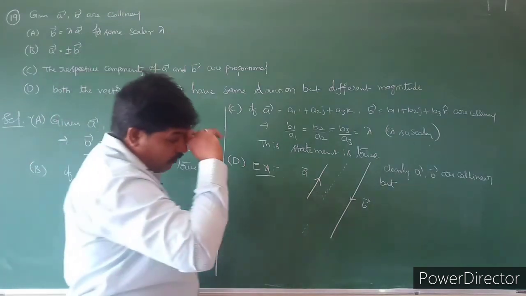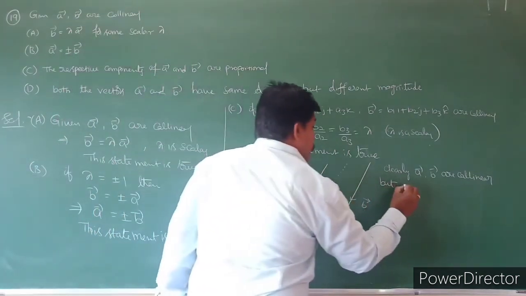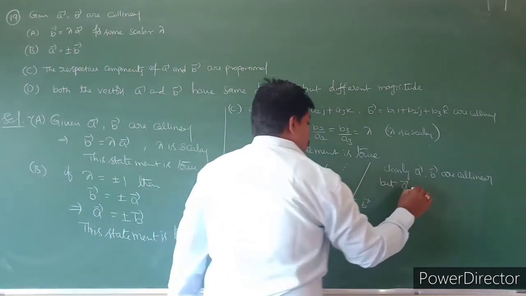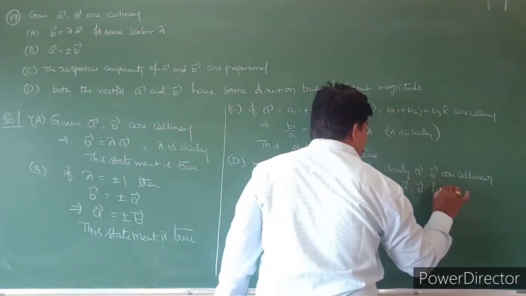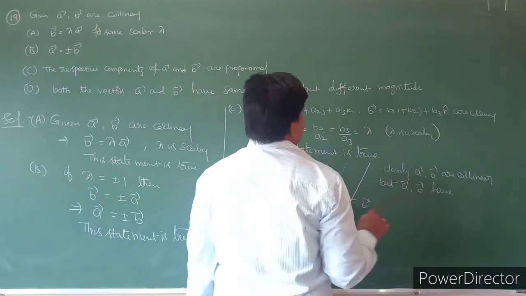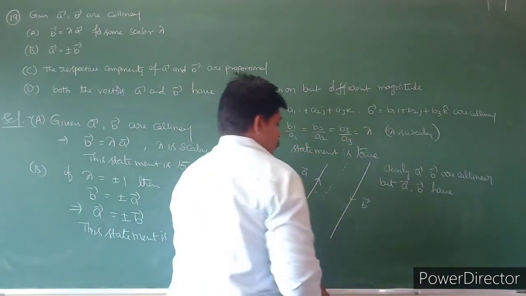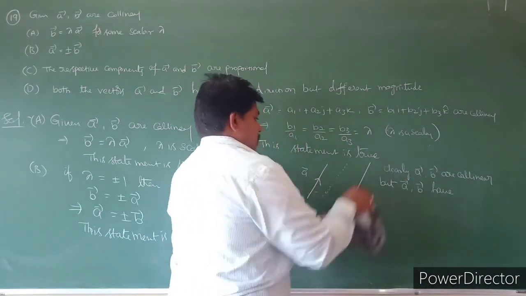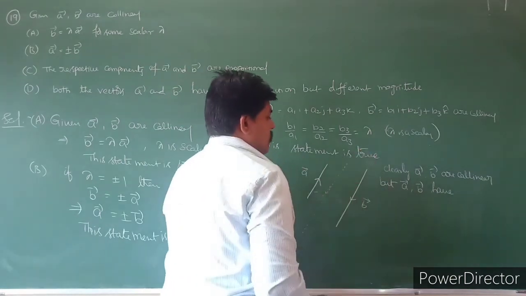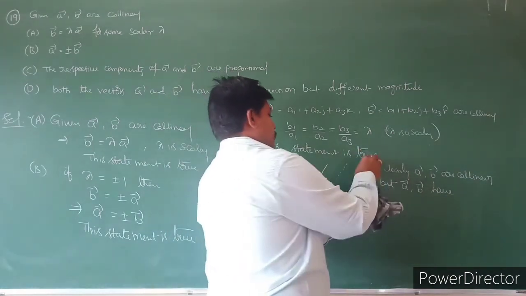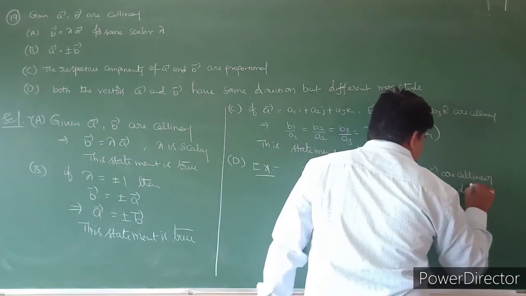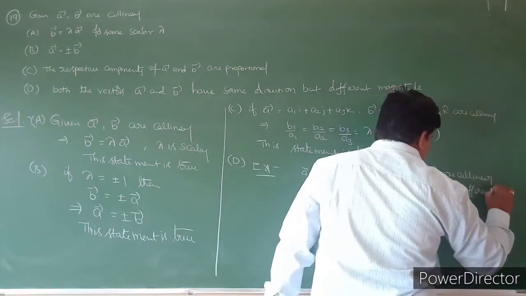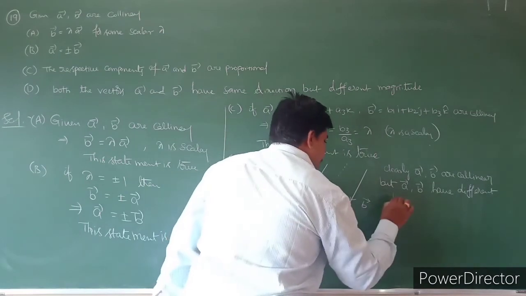But here what I observed is that a bar, b bar have the same magnitude, but different directions.